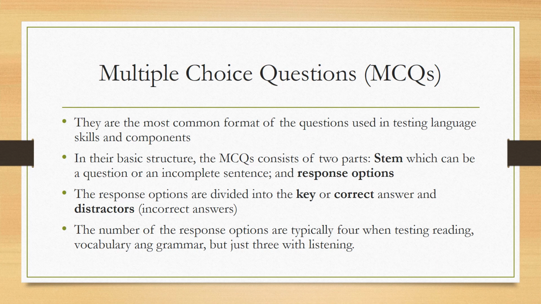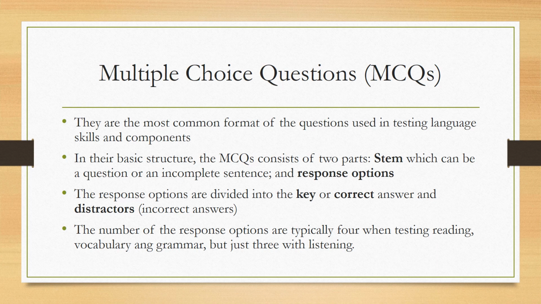Why? Because with listening, the students first of all need to listen to a certain text, whether it is a passage or a conversation, or watch a video or whatever. They can listen or watch the material one or two times. And after that, depending on their memory, they are going to answer the questions set by the teacher about the material.